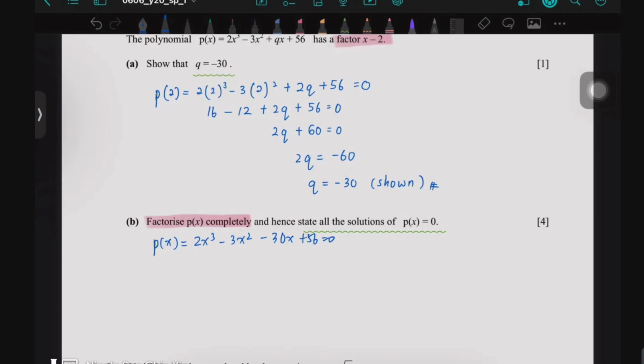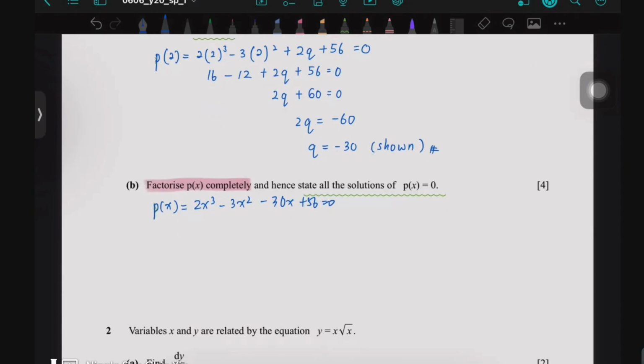So you can use the synthetic method to work on it, or you can use long division. Let's say we use long division: 2x cubed minus 3x squared minus 30x plus 56, we divide by x minus 2.